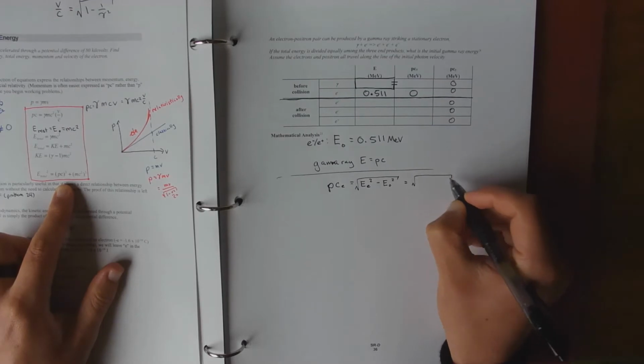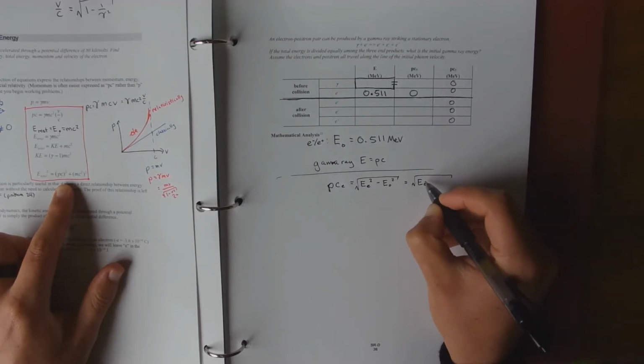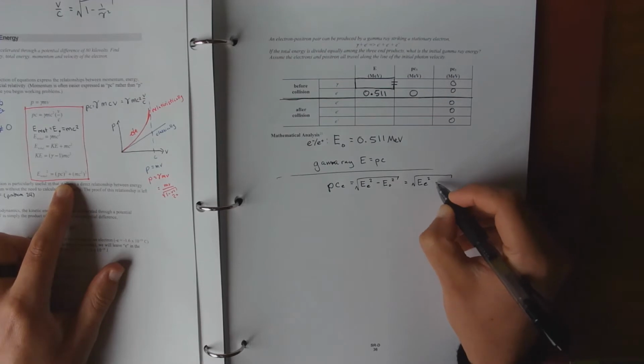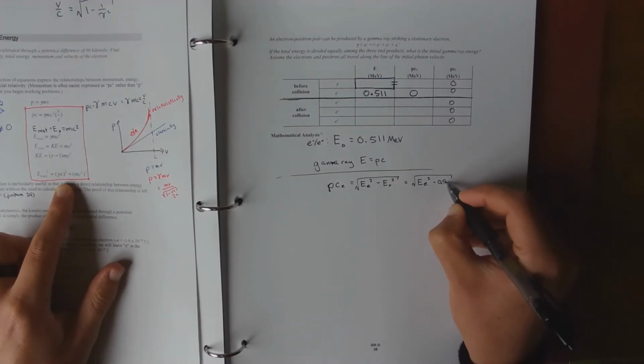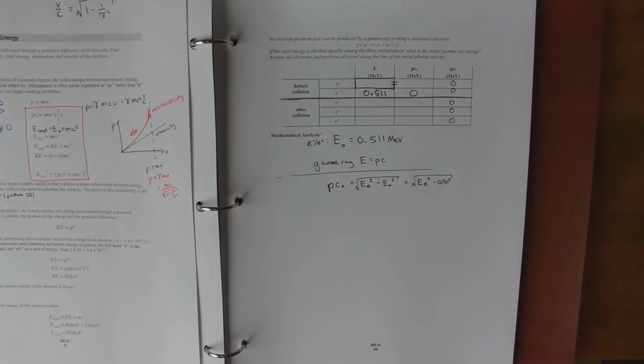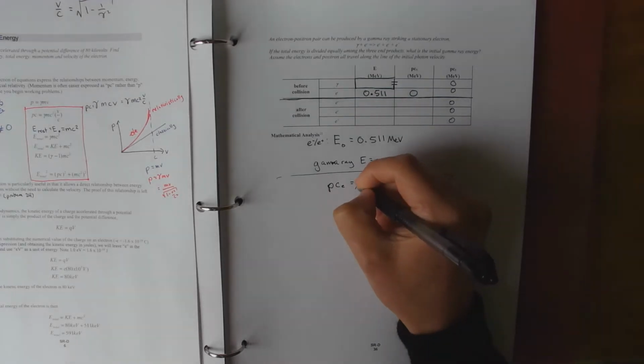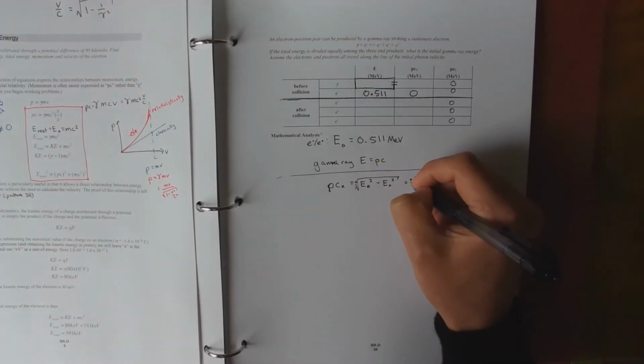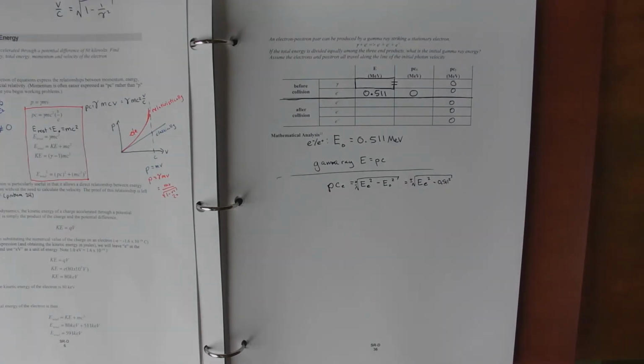We do not know what the total energy for an electron or positron is, but we do know that the rest energy is 0.511. However, we know that the three particles are going either in the positive x direction or the negative x direction. It is possible that this momentum is negative, so let's include the signs there. And we're going to have to consider what all the possibilities are in order to completely answer the question.